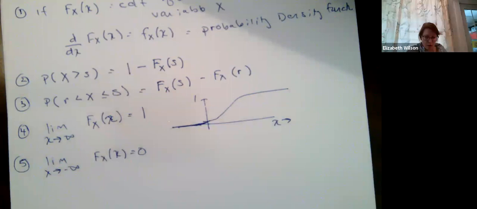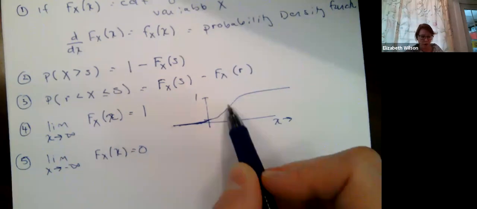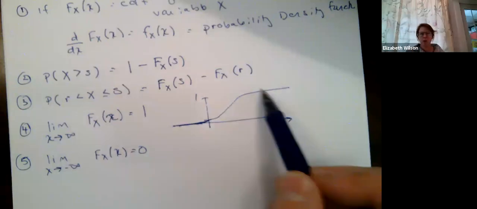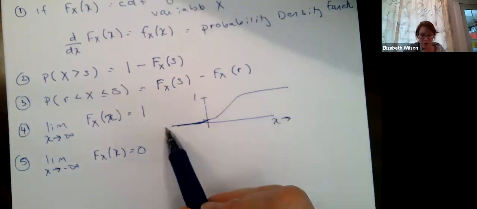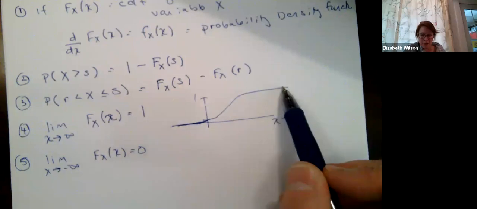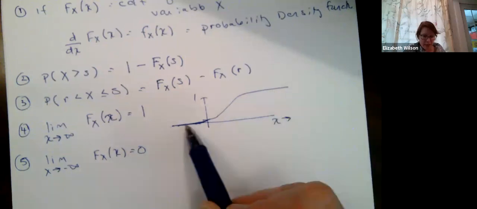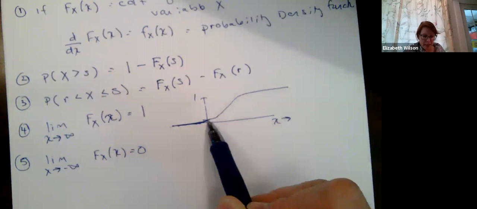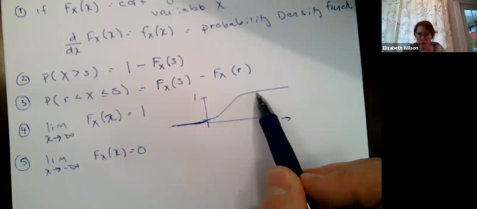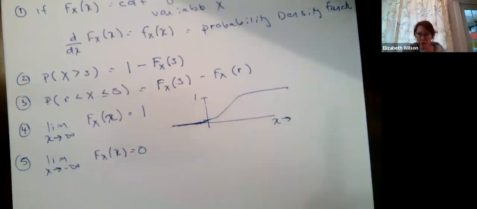We have probabilities, and then we continue at 1 forever. Keep that in mind, because we're going to be drawing our cumulative distribution functions after we calculate them. Before things started, it was 0. After things are all over, we're at 1. I haven't accumulated anything yet, then I accumulate a bunch of probabilities, and once I've accumulated everything, I just stay constant there. So let's jump into our examples.